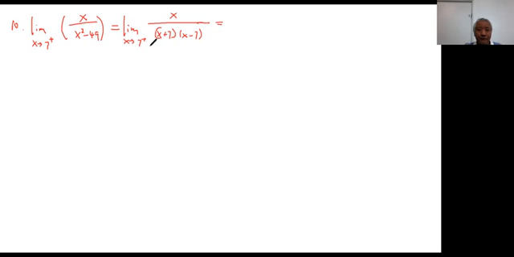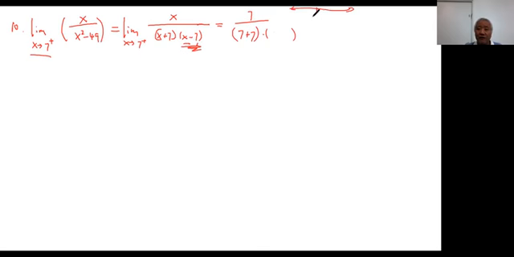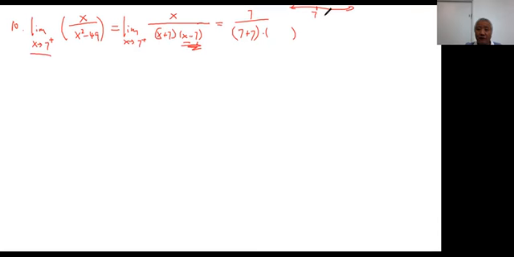X approaches 7. So the top part can be 7, right? The bottom one can be 7 plus 7, that's no problem. But the problem is here, this one, x minus 7 will be what? But x approaches 7 from the right side, right? So that means the number is like 7.00001, like that, right?